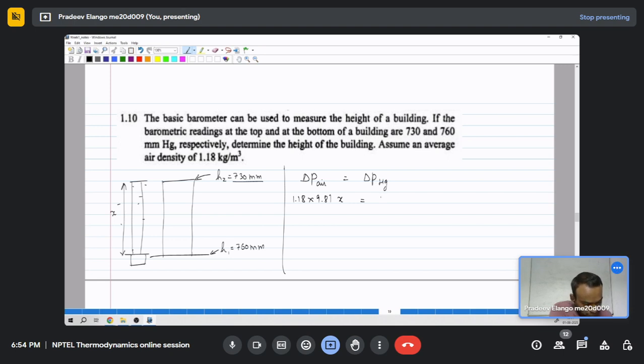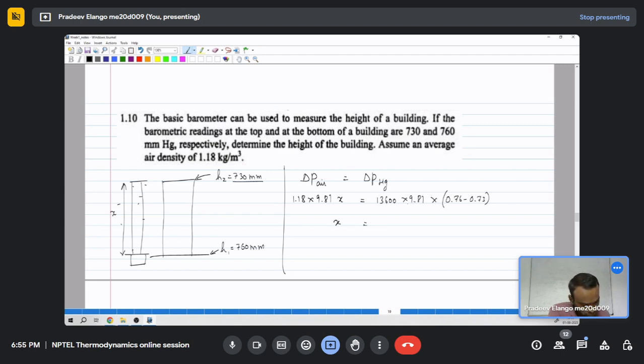Similarly, in the mercury column we have rho GH, that is 13,600 into 9.81 into the height difference, that is 0.76 minus 0.73, and you can calculate the excess.